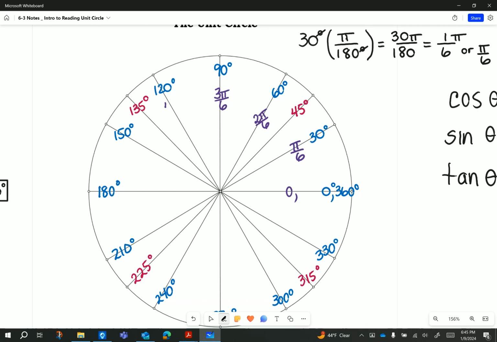After 3 pi over 6, this is 4 pi over 6, 5 pi over 6, 6 pi over 6, 7 pi over 6, 8 pi over 6, 9 pi over 6, 10 pi over 6, 11 pi over 6, and then 12 pi over 6. That's all you do. Just count.